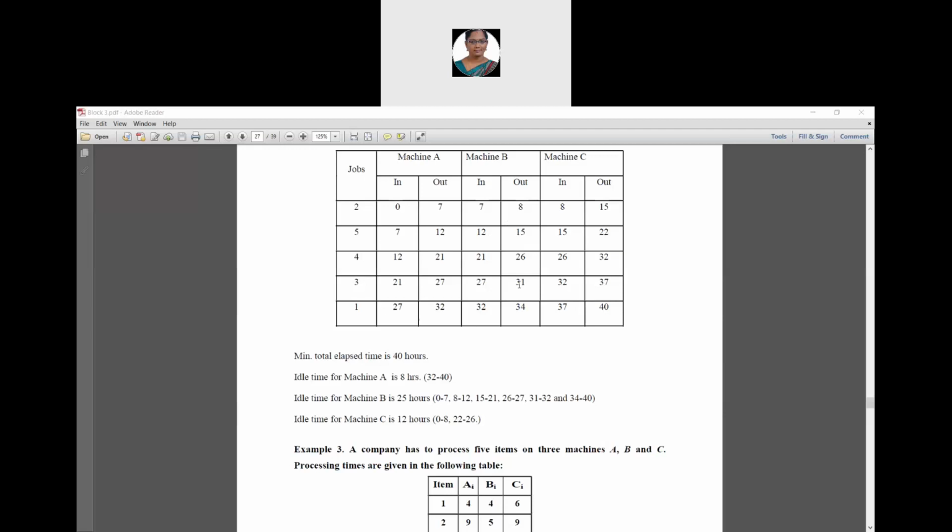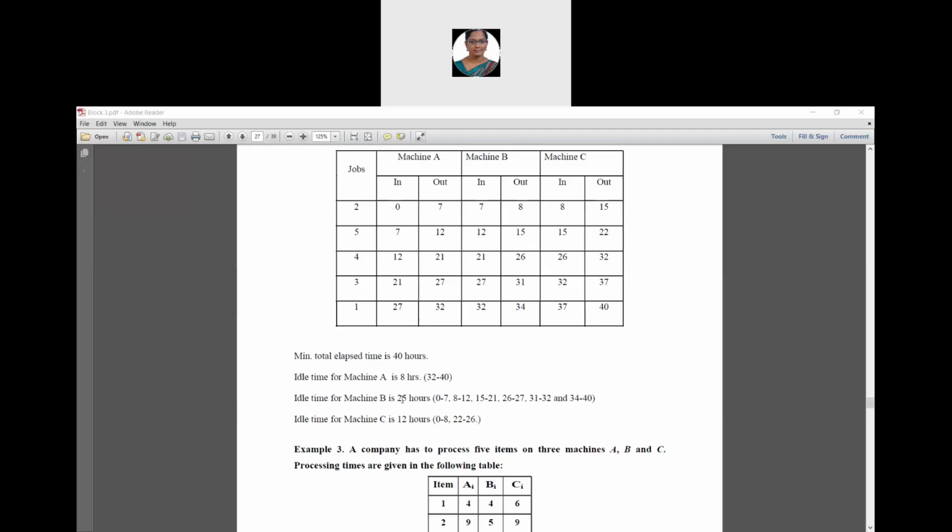For that, first we write the first in value 7, plus the difference between 12 and 8, the difference between 21 and 15, the difference between 27 and 26, the difference between 32 and 31, and the difference between the total elapsed time 40 minus the final out value for machine B, 34. It is 25 hours.